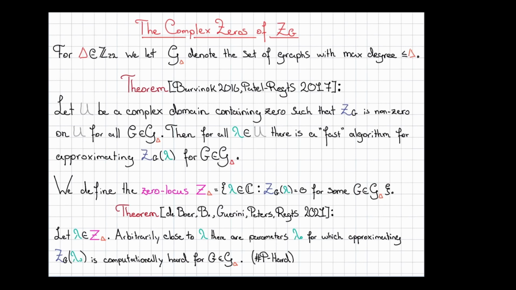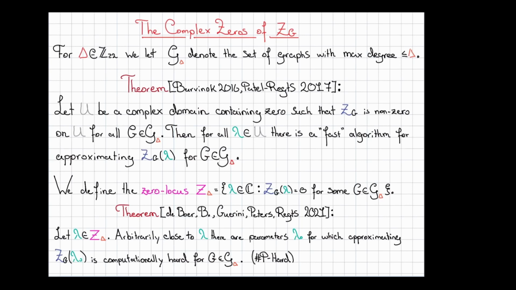Yeah, for the independence polynomial, I don't know. If you look, for example, at the ferromagnetic Ising model, there is a very clear understanding of the zero locus of bounded degree graphs. You can describe it exactly.